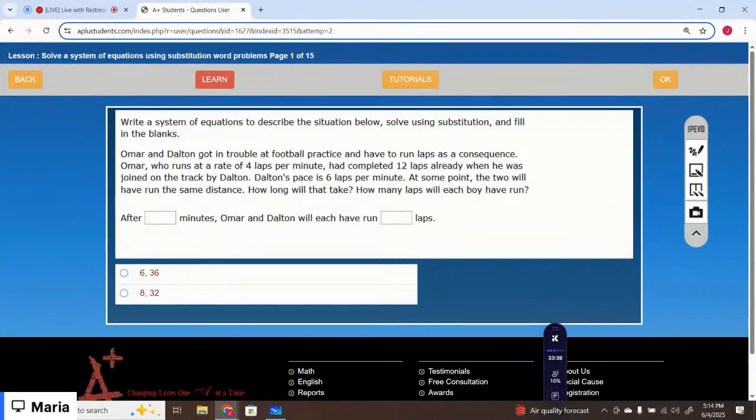Kunal, who runs at a rate of 4 laps per minute, had completed 12 laps already when he was joined on the track by Dalton. Dalton's pace is 6 laps per minute. At some point, the two will have run the same distance. How long will that take? How many laps will each boy have run?